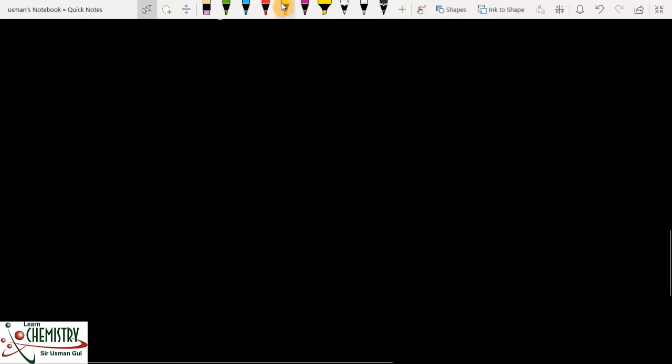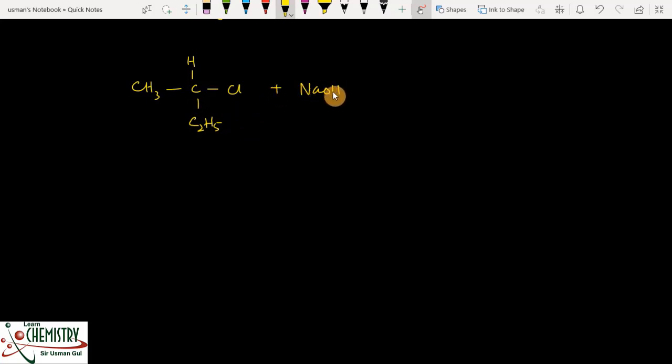Okay, now let's suppose we have this molecule. You can see this molecule reacting with NaOH.